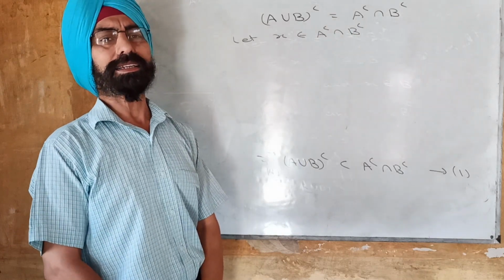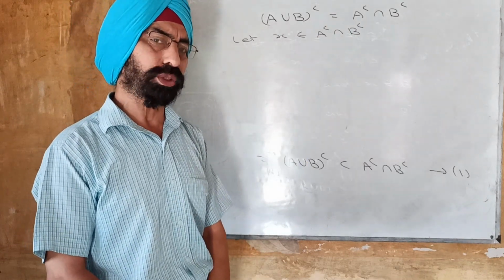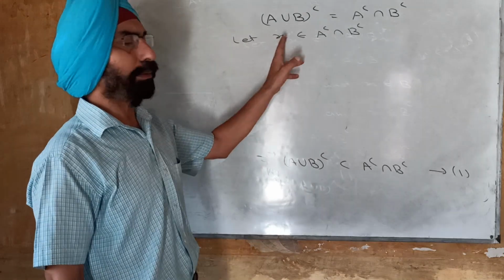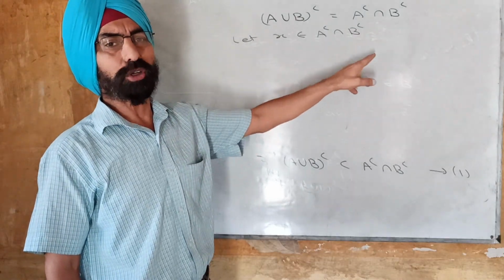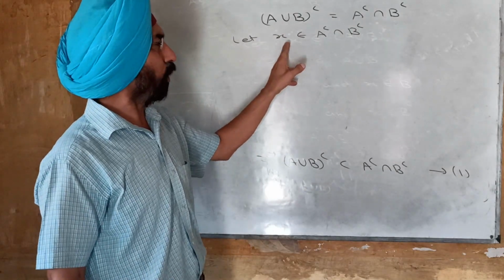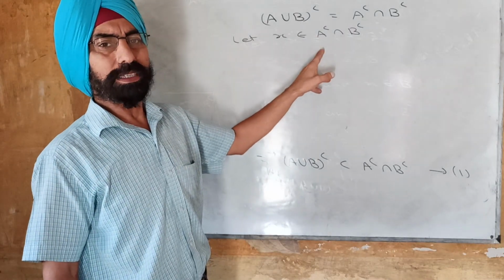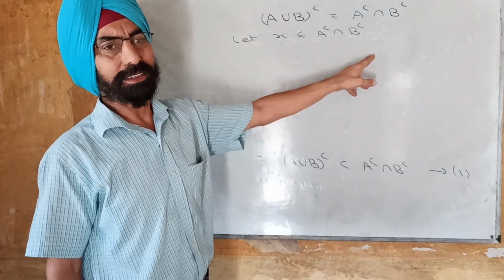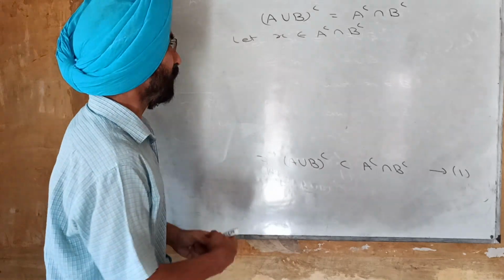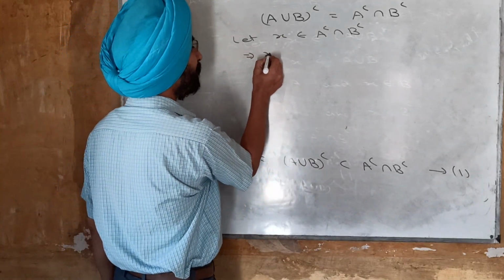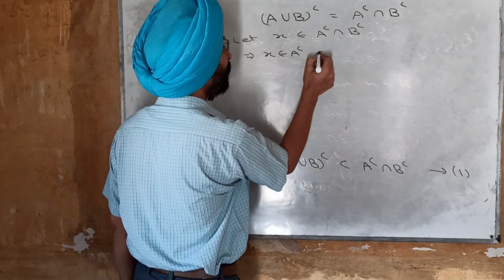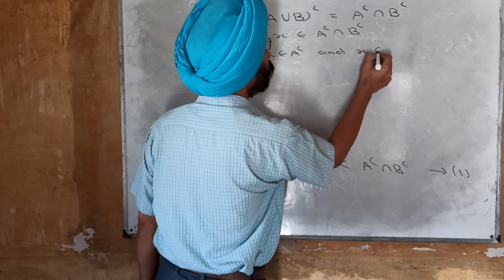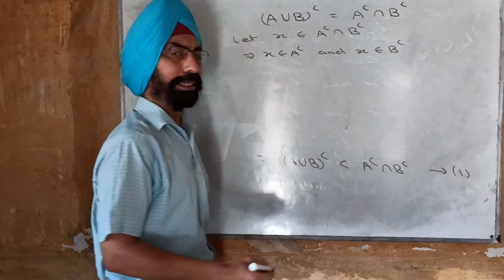When an element belongs to intersection of two sets, that means X is a member of both of these two sets. Because if X does not belong to any one of them, it cannot be in the intersection. But it is in the intersection. So that means X belongs to A complement and X also belongs to B complement.